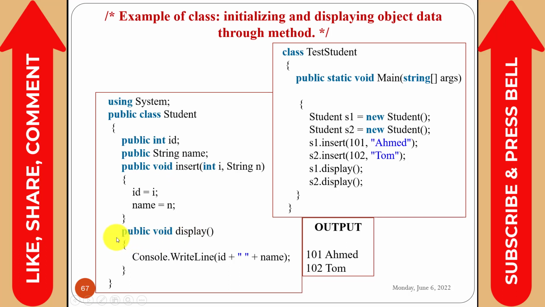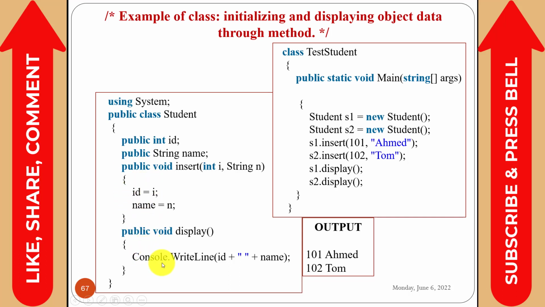The public keyword is very much required because it shows the visibility of the method outside the class. We have one class Student and one class TestStudent. If we want to access our data members or member methods outside the class, we need to make them public. Because of this reason we made this method public, and the insert method is also public.